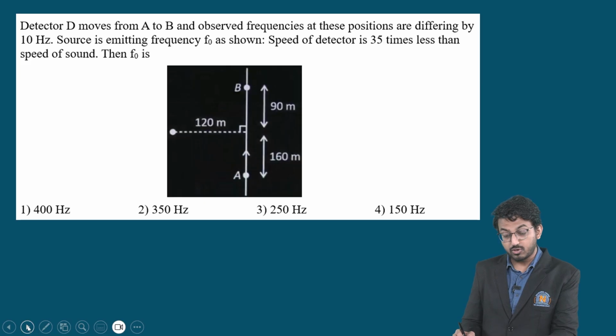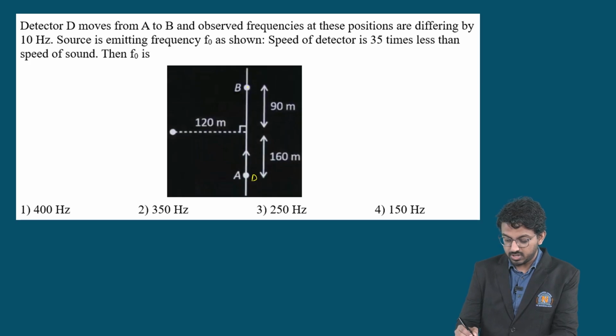This is a question based on Doppler effect in 2 dimensions. So there's a detector moving. Keep in mind, the detector is moving from A to position B. If we join the lines here, the detector is having velocity some v upward.